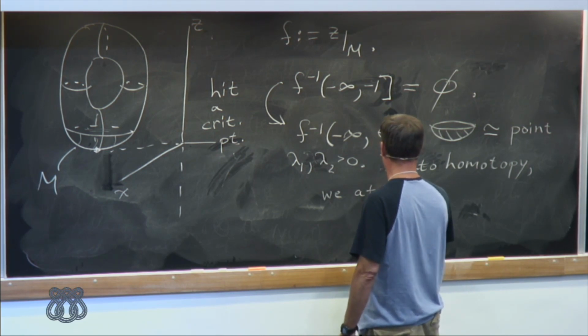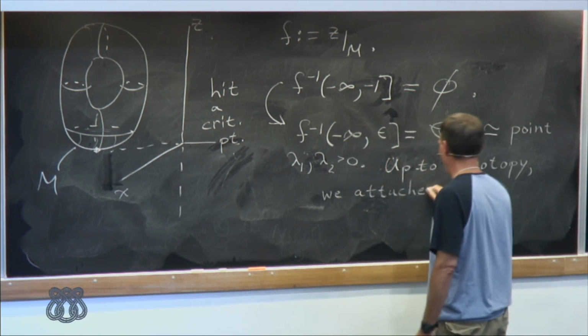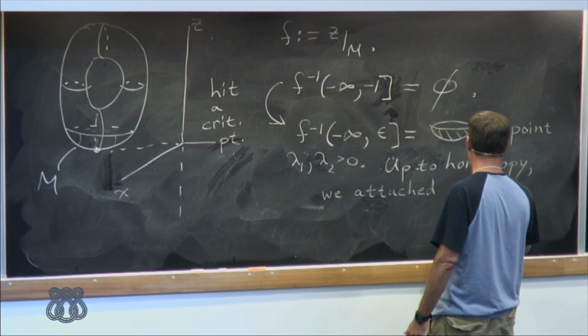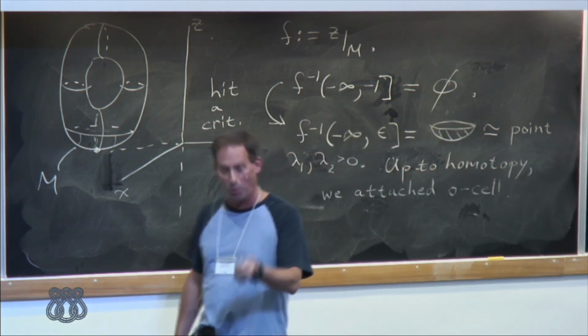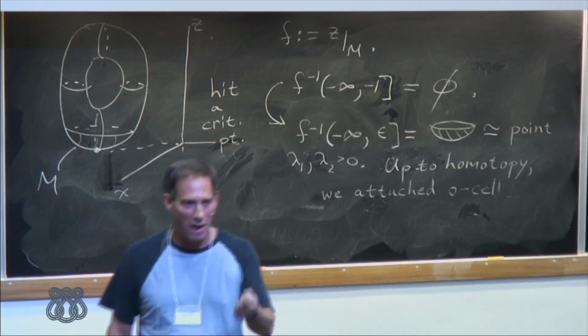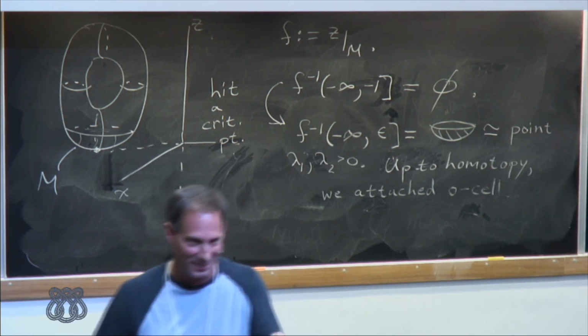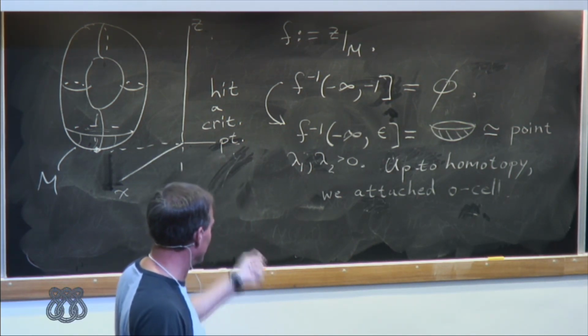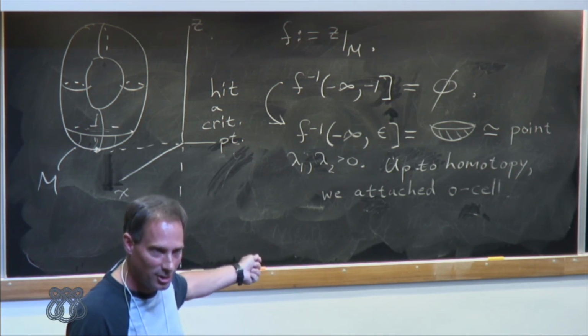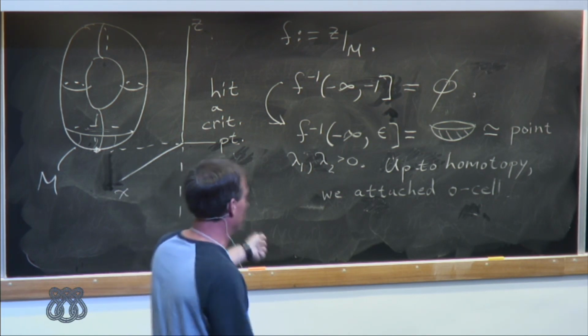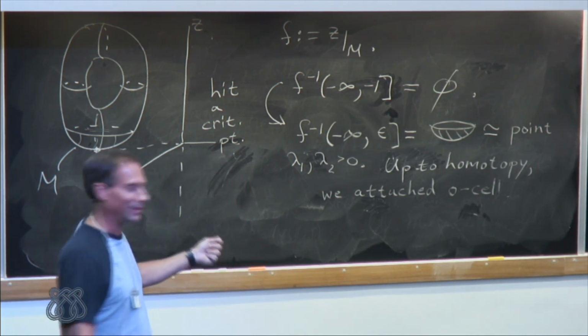Now, what does attaching a zero cell mean? A zero cell is a point. You take its boundary, which is nothing, and you identify that nothing of its boundary with the nothing we had before, and you end up with a point. Right?